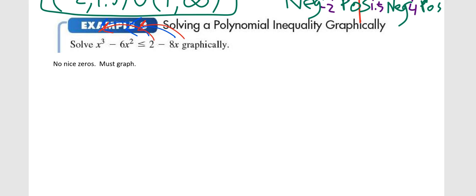What am I suggesting? Yeah, push everything over to one side. Okay, so we get x cubed minus 6x squared, then what? Plus 8x minus 2 is less than or equal to 0.